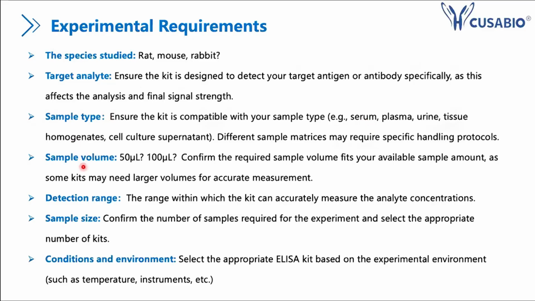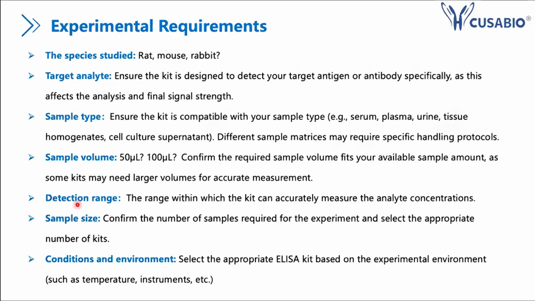The sample volume also needs to be clear, because sometimes the kit requires a sample volume like 50 microliter or 100 microliter. So be sure that the kits fit your available sample amount.